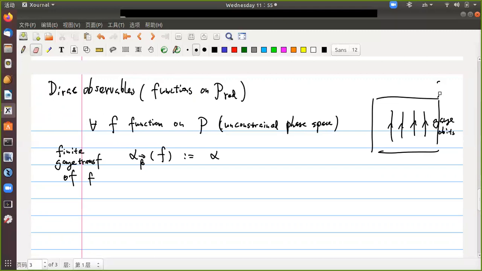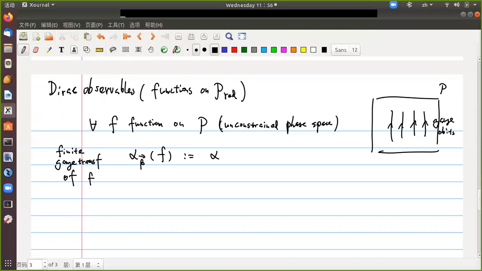If you view this phase space as a manifold, these gauge transformations are just some one-parameter or multi-parameter diffeomorphism group running on the manifold of the phase space. This is not the actual diffeomorphism on space-time.